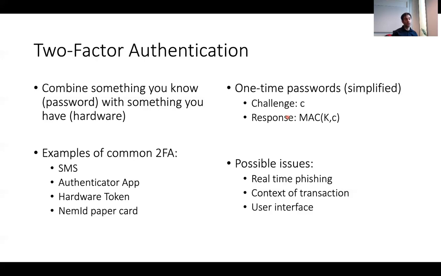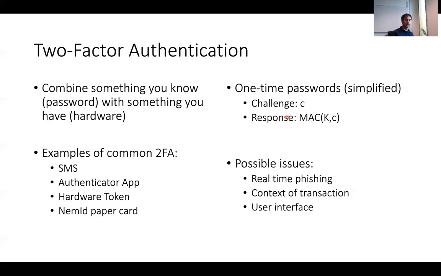To make life harder for the adversary in this real-time phishing, it is often the case that the context of the transaction is added to the challenge. A few years back, if you got one of these codes by SMS to authenticate a credit card transaction, or you were doing two-factor authentication from Google, you would only get a code in your SMS.